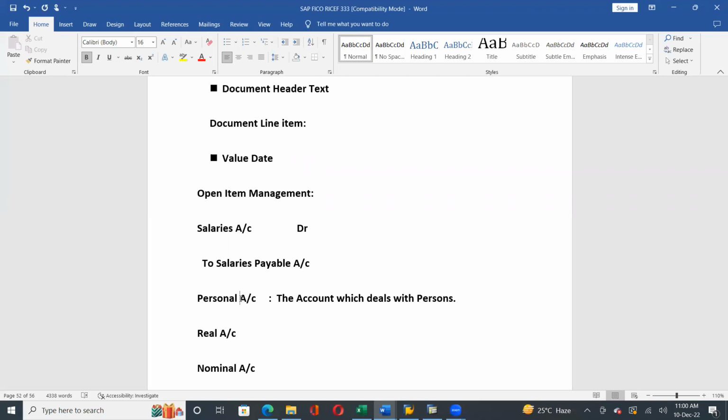What is accounting then? I think in the initial classes, I have explained this. What are the differences between account, accounting, and accountancy? Shall we go back once again? Anyone knows what you mean by an account? Everyone knows, but still.